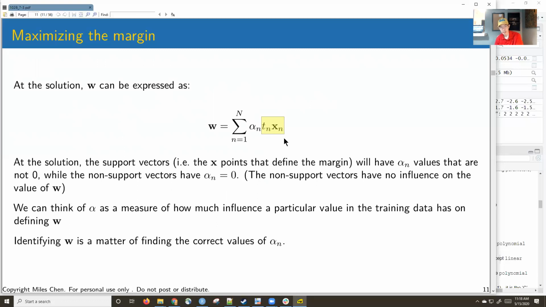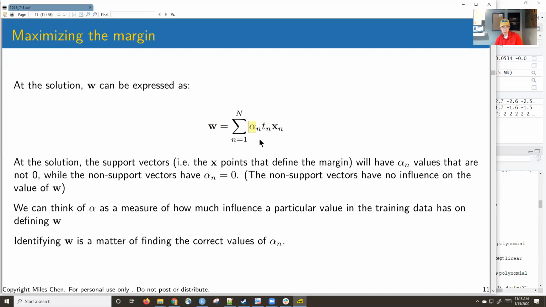We're saying W is equal to the sum of our data point vectors multiplied by either a plus or minus sign, and by some constant alpha. Let's think about what this means.